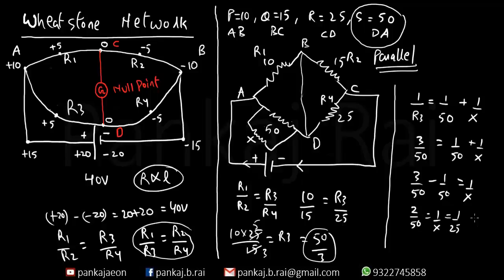So I am getting that X is equal to 25. That means if I connect a resistance of value 25 in parallel with this 50, the effective resistance of arm AD will become 50 by 3, and that will balance the Wheatstone network.